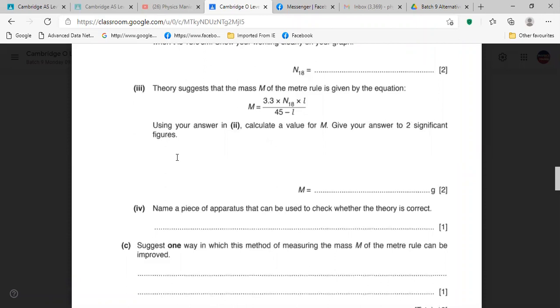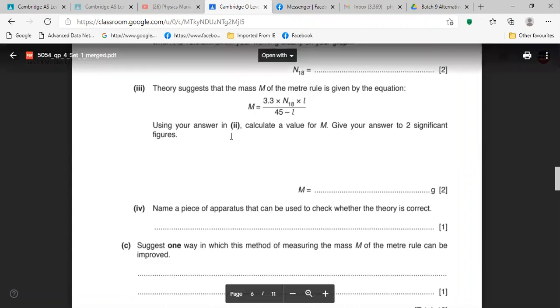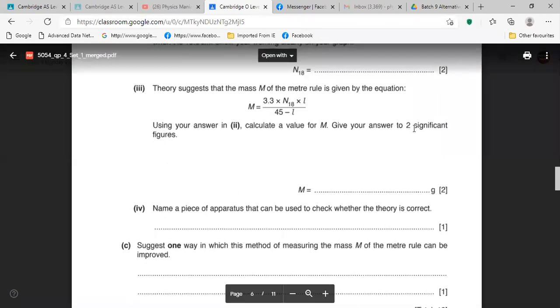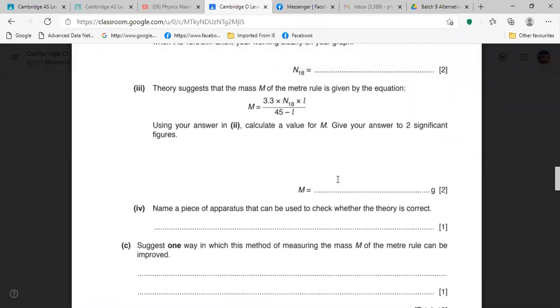Then calculate the mass of the meter rule. And you have to write the answer in two significant figures. Whatever you get in the answer, you have to make it two significant figures.